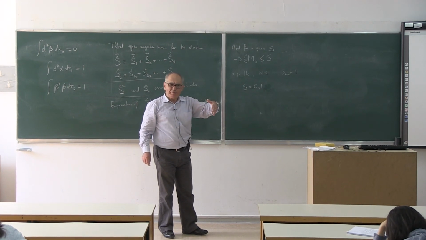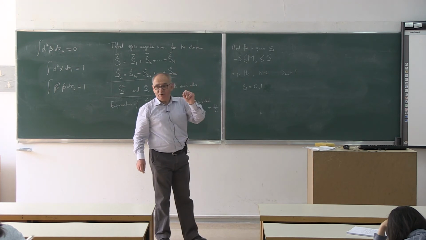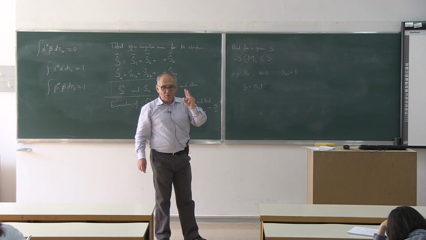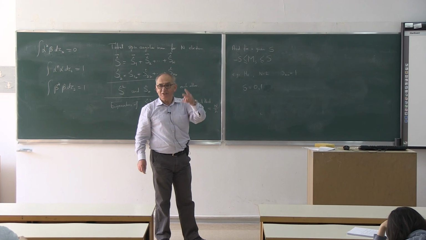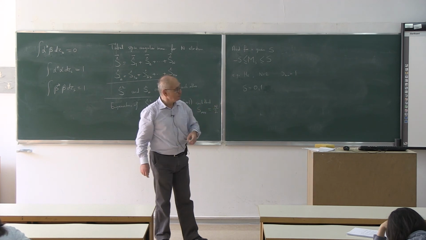It may be 0 or any positive value. So for 2 electrons in the helium atom, there are just 2 possibilities for the total S quantum number. What are they? Either 0 or 1.